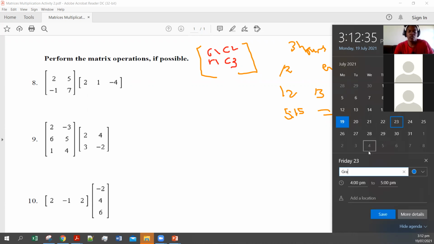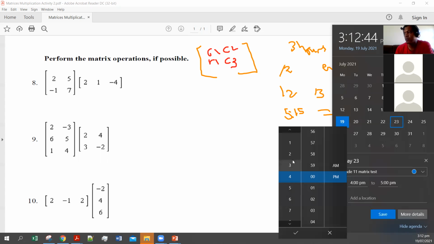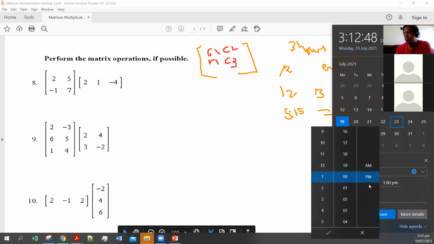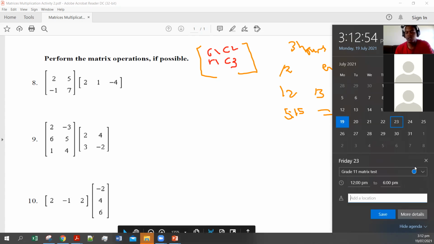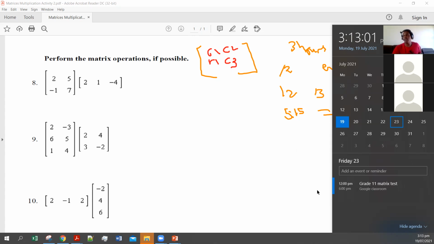Let me just also put in here, 12 to 6. Okay. So I'll just save it there as well, so that it's already on the calculator.